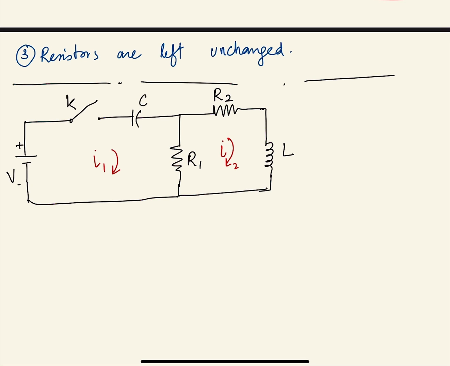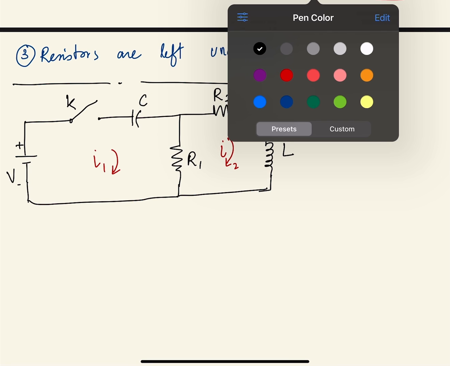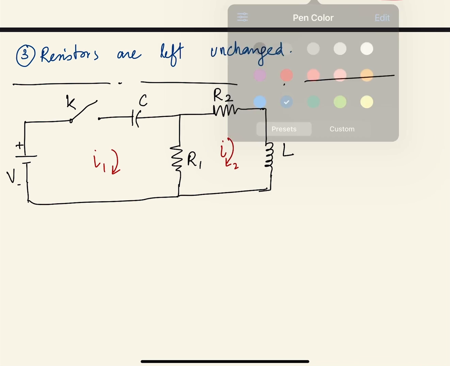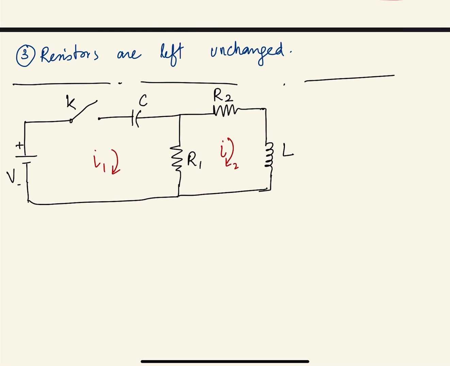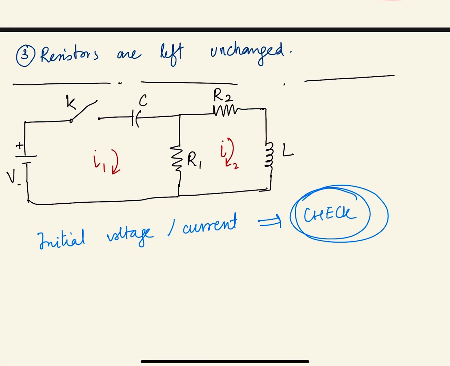What does this set of rules that we discussed earlier state? That first, in the problem, you must read whether they have specified anything about the initial conditions, initial voltage or initial current or whatever. You should always check whether anything has been said on the initial current.